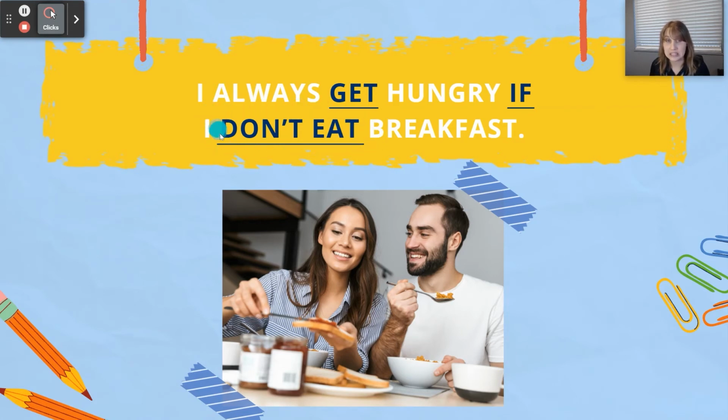Don't eat. Or you could say the sentence in a different form. You could say, if I don't eat breakfast, I always get hungry. So we could flip it backwards. The only thing, remember, if you start the sentence with the conjunction, with the condition, you have to put a comma. If you start the sentence with the result, then you don't have to use a comma.